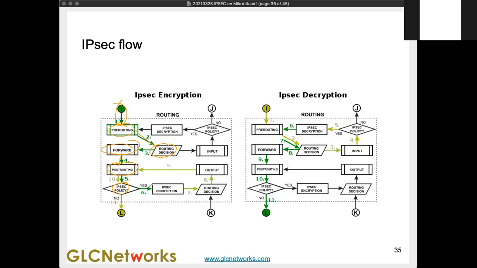If yes, then we do encryption. This is the encryption for outgoing traffic.